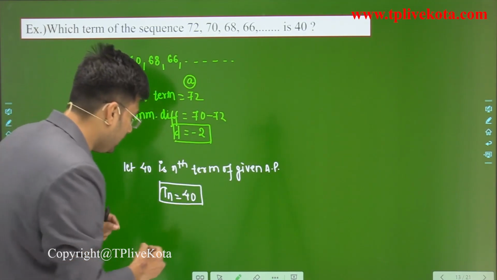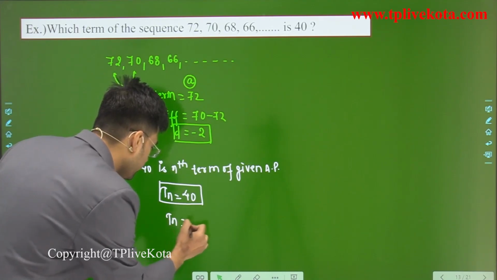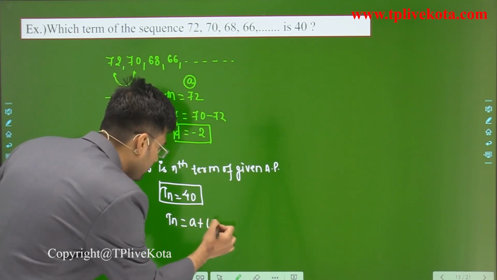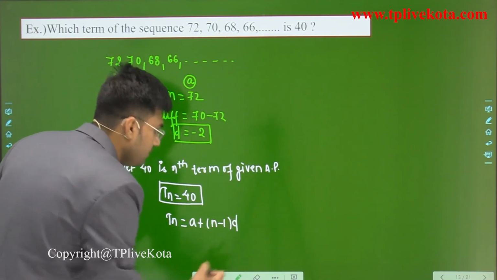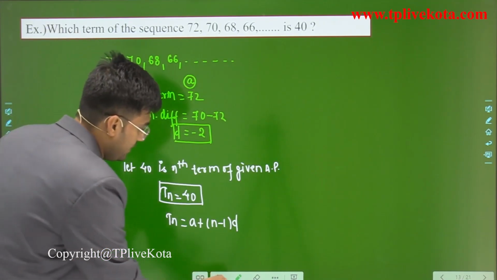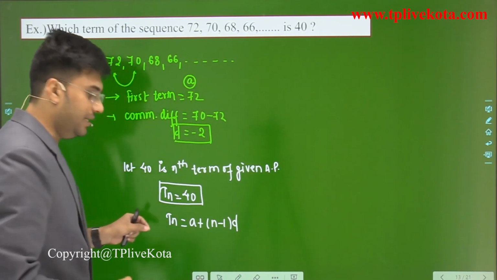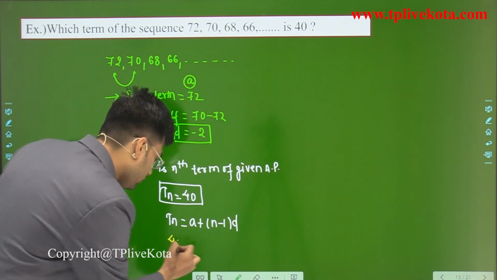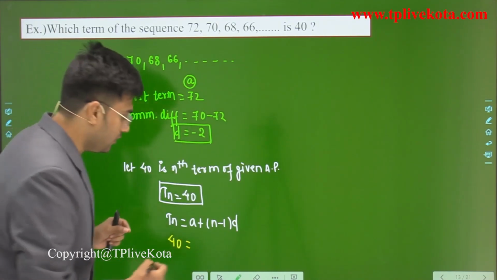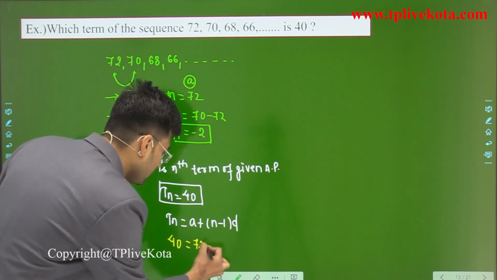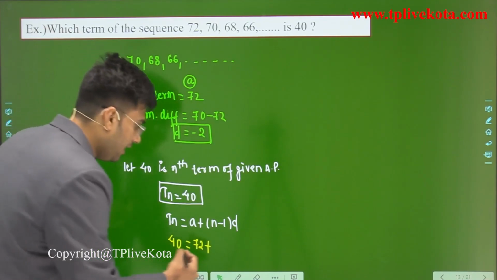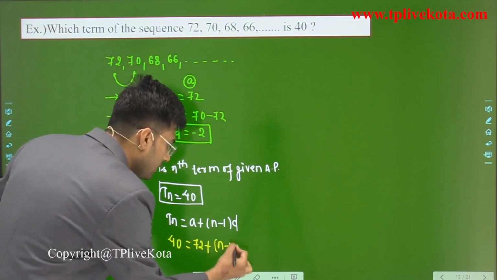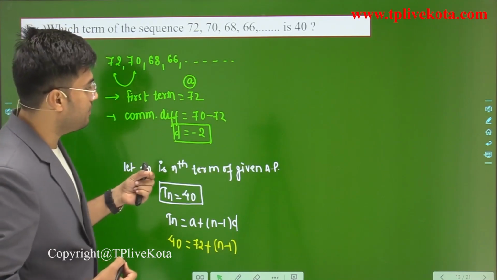And we know that Tn is equal to a plus n minus 1 d. So now let's replace the values here. Tn is 40, a is 72, n we have to find here, and d is minus 2.